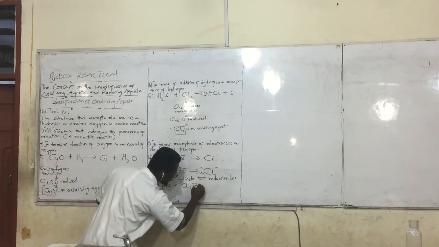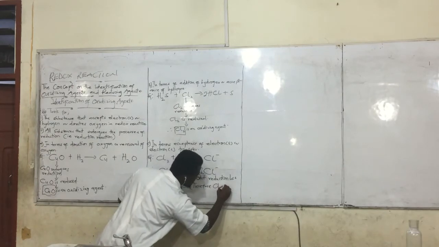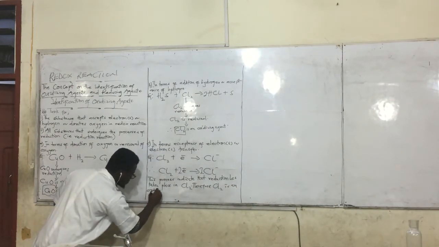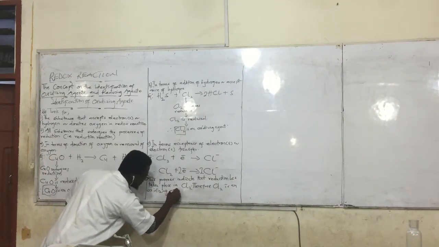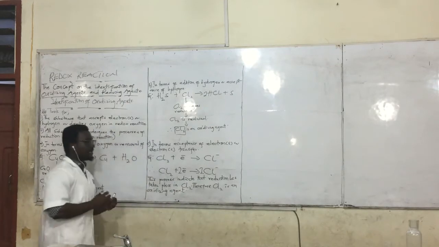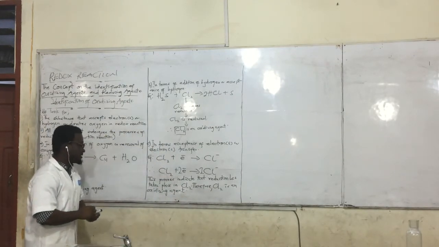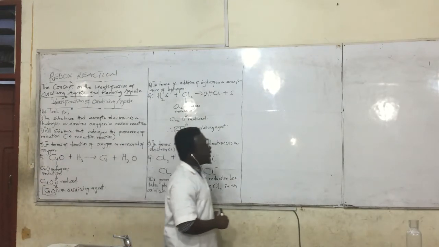Therefore, chlorine is an oxidizing agent. Since reduction has taken place in chlorine, then chlorine is an oxidizing agent.